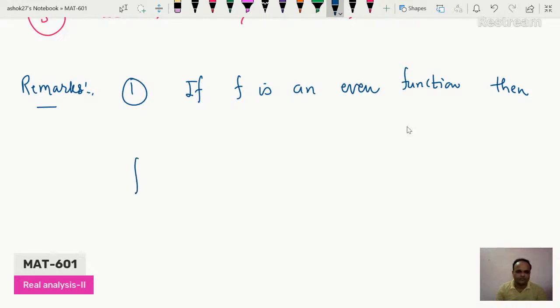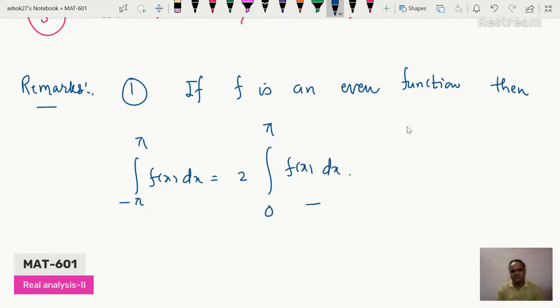The integral from minus pi to pi of f(x) dx will be equal to 2 times the integral from 0 to pi of f(x) dx. It is very simple, you can simply check it.